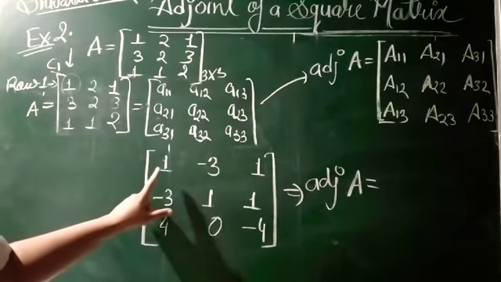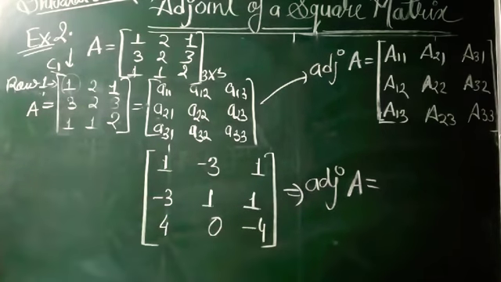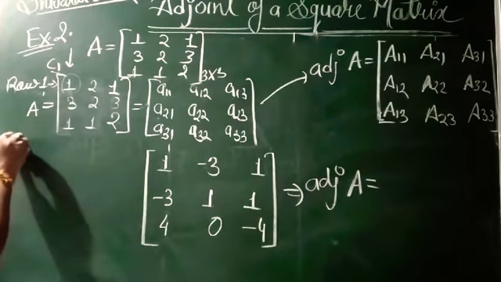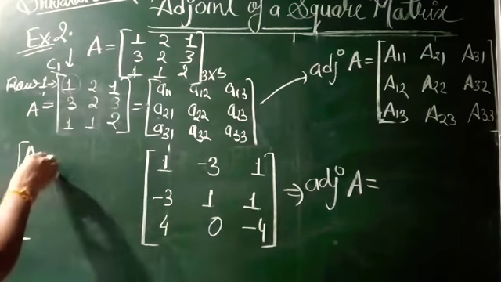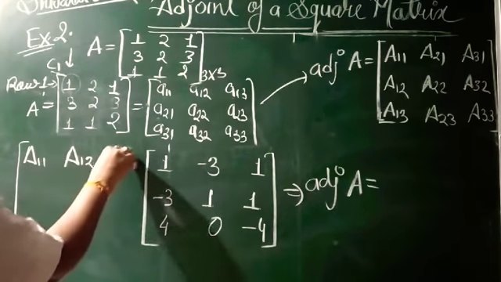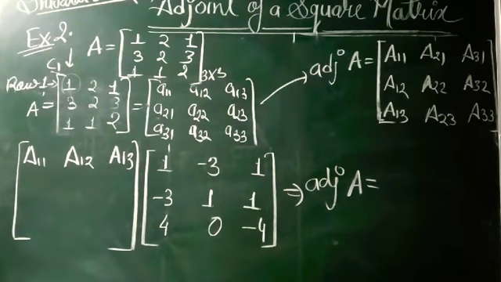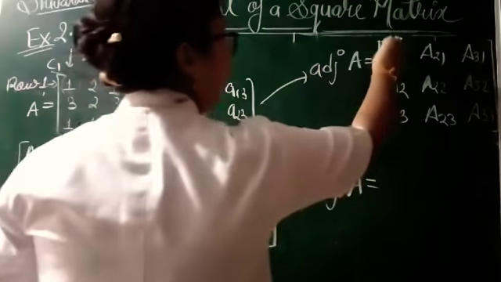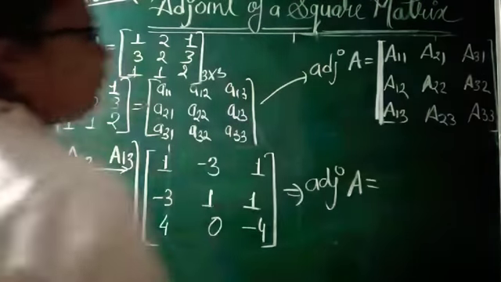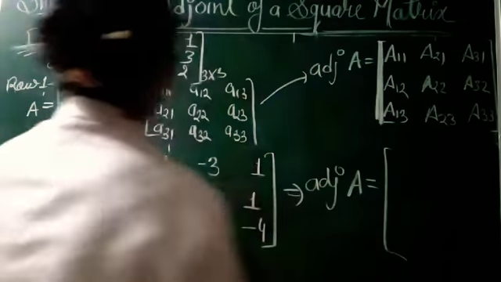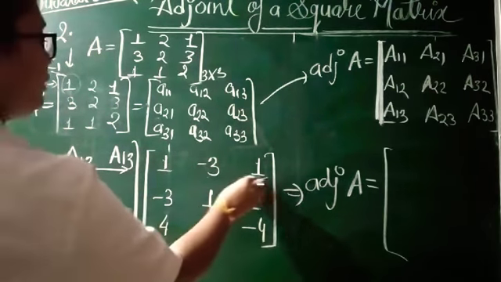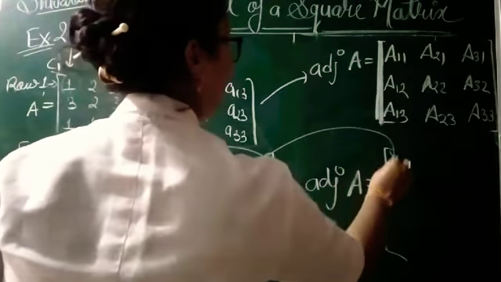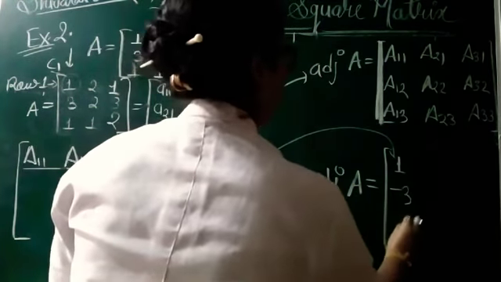So our cofactor is 1 minus 3, 1, 3, 1. It is a new matrix of cofactors like that. So cofactor A11, A12, A13. You see, for finding adjoint of a square matrix A, first we interchange row with column. So you see here, it is our row and here it will become column. So here you see 1 minus 3, 1. This value we replace here 1 minus 3 and 1.